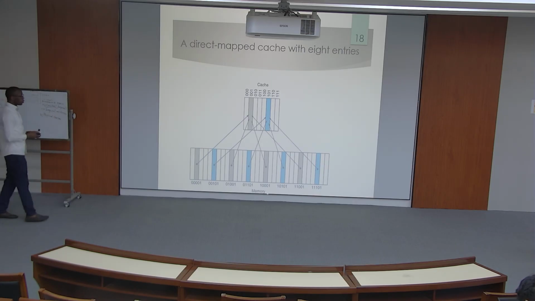Block number 1 needs to be loaded into cache line number 1 because 1 mod 8 is 1.